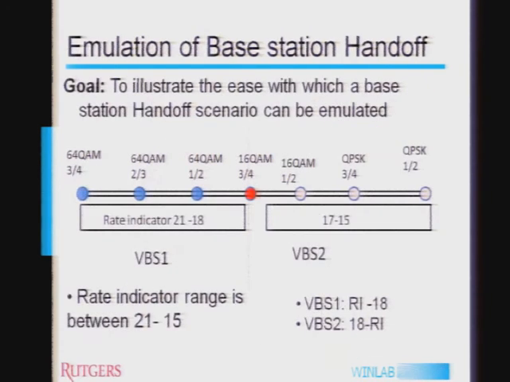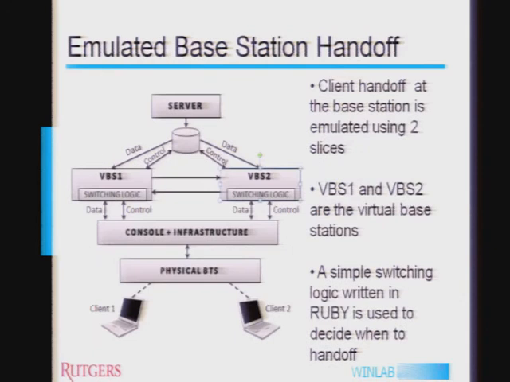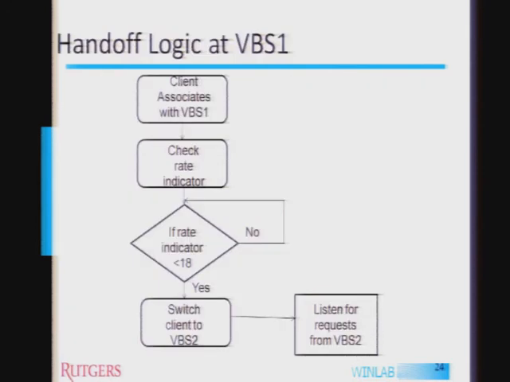At VBS1 we implement the rate indicator minus 18, and the switching logic at the other end would be 18 minus RI. So at slice 2, when the rate indicator is greater than 18, you switch it back to VBS1.